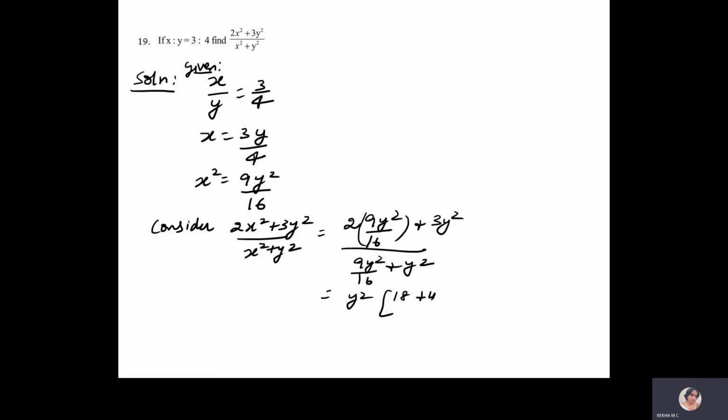So 18 plus 48 divided by 16 divided by again y square into 9 plus 16 by 16. Y square cancels. 16 will also get cancelled. So you'll be left with 66. 48 plus 18, 66 divided by 16 plus 9, 25. So this is the final answer.